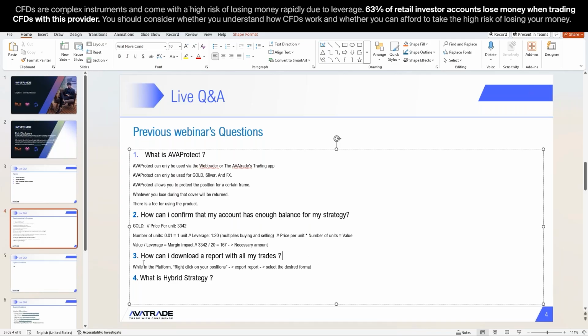Or you can use another one of our solutions. So this is solution number 2, and the first solution might be to just contact your account manager or customer service, and they will send it to you.